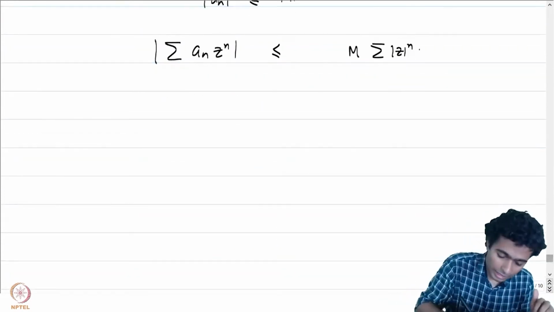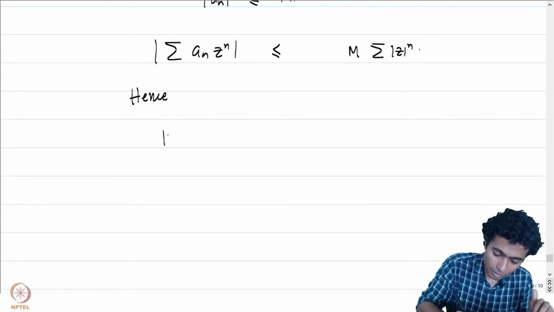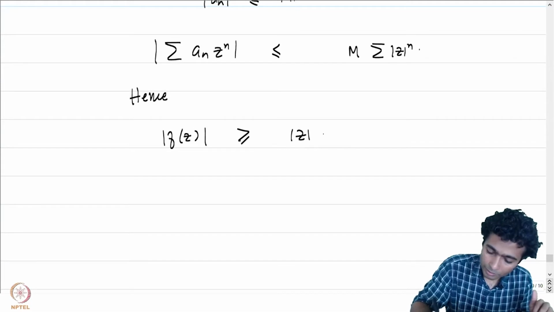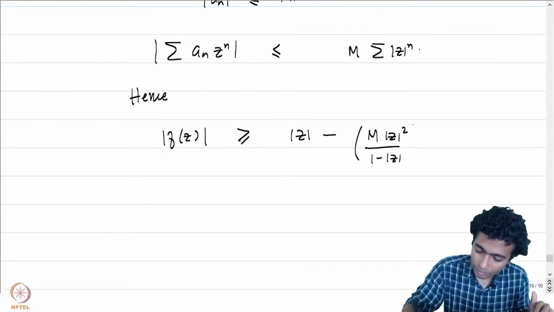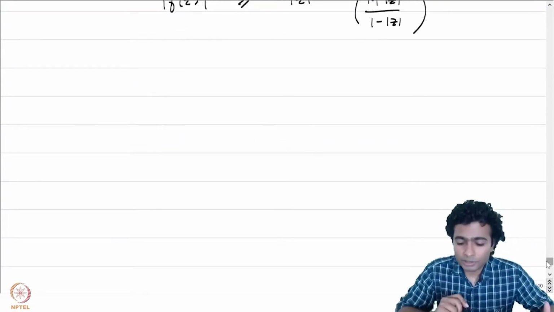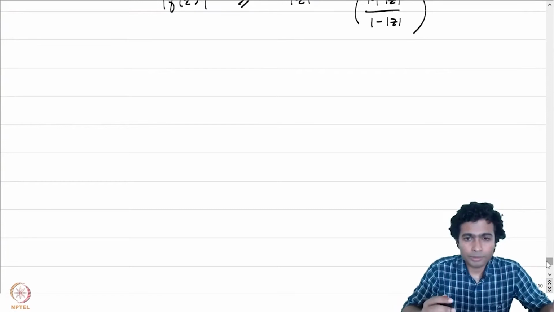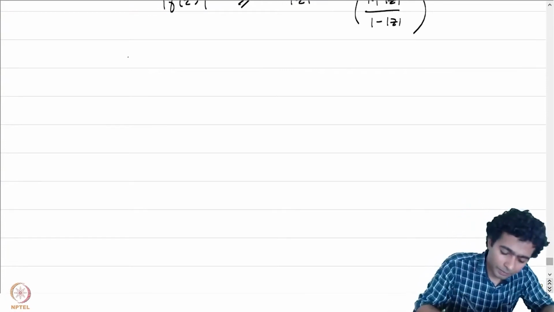Hence mod f of z is greater than or equal to mod z minus M times, this is basically mod z square times 1 by 1 minus mod z. So the first observation is that our number M has to be necessarily greater than or equal to 1.